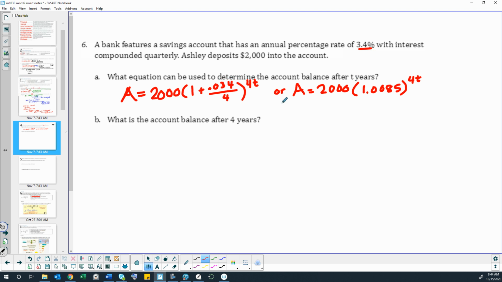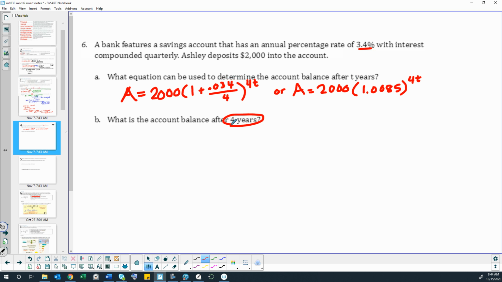So see, that just looks a little bit less messy. We've got a number we're multiplying by, we've got the base of our exponential, we've got the exponent. Otherwise, there's no other extra little pieces that we're going to have to put in the calculator and deal with, right? So there's our formula for this situation.